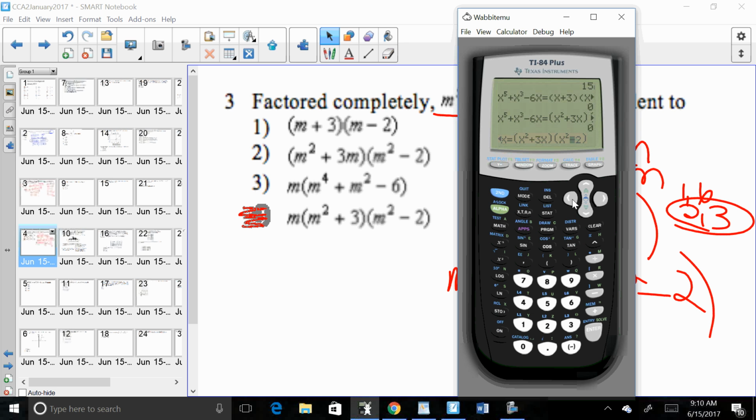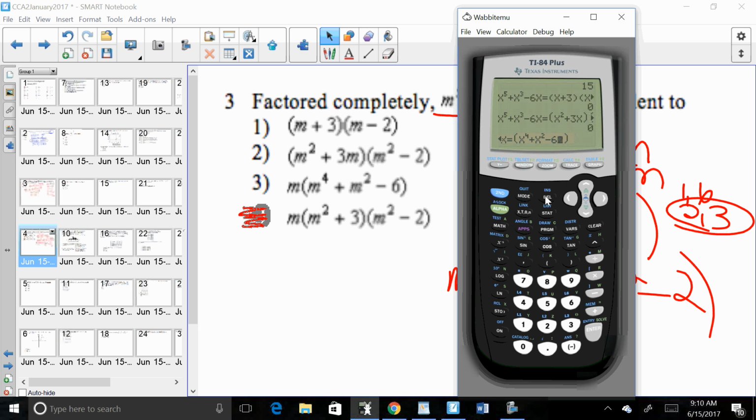I got now x squared, x to the 4th plus x squared minus 6. Let's delete the rest of this stuff.